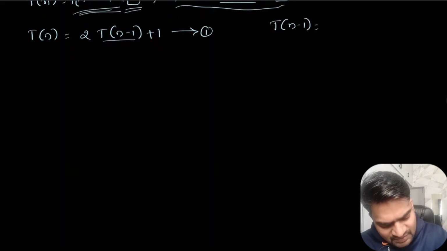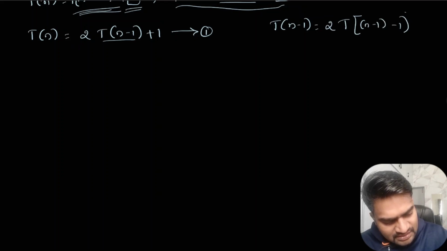How to do that? We will replace wherever n is there with n minus 1. So it will be 2 into 2T of n minus 1 minus 1 plus 1. So that is 2T of n minus 2 plus 1. So this is our equation 2.